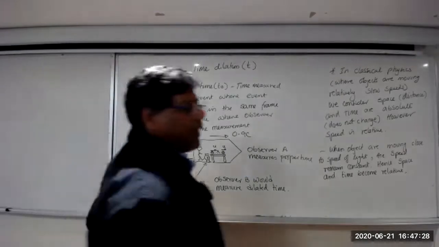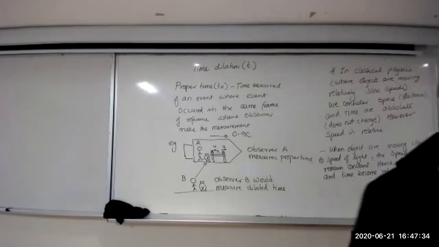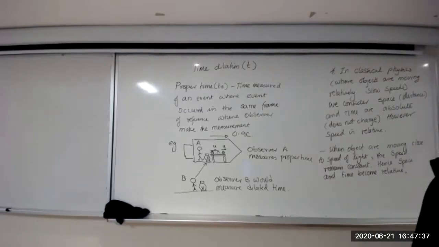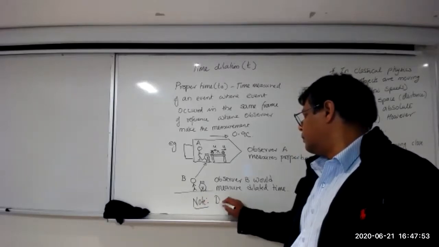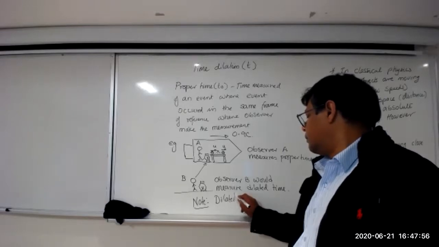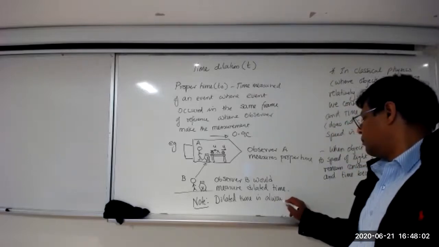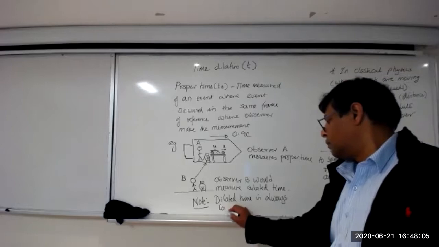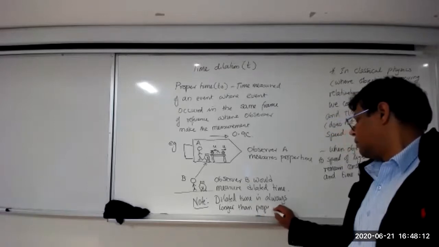The proper time is where you're making the measurement. The event is happening in your frame of reference. Okay, so dilated time is where the event is occurring in a different frame of reference. The dilated time is always longer. Proper time.